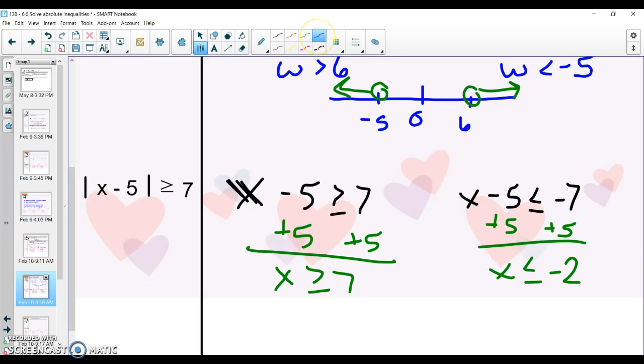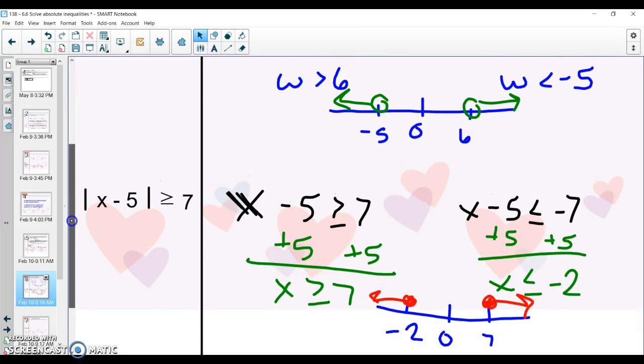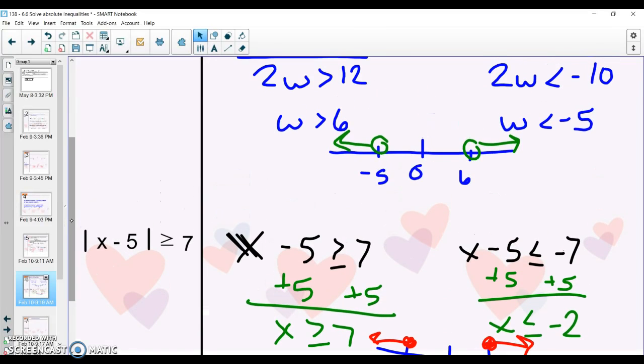All right, take a look. I'm all solved. I'm going to make my number line. I have 0, -2, and 7. I have a closed dot this time. And I want my distance to be greater than, so it will go away. Okay, so take a look at my solutions, ask questions, collaborate with each other, see if you understand what's going on.